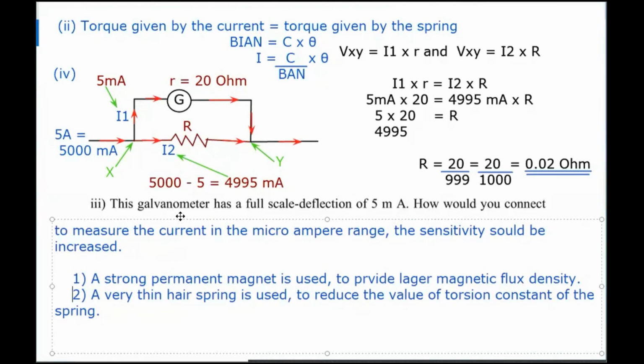We should increase the magnetic flux density by using a strong permanent magnet. We should reduce the torsion constant of the spring by using a very thin hairspring. Okay, dear? That's it. So we have completely answered the 2004 magnetic field structured essay question, which is given from the galvanometer. Okay, I'm happy.